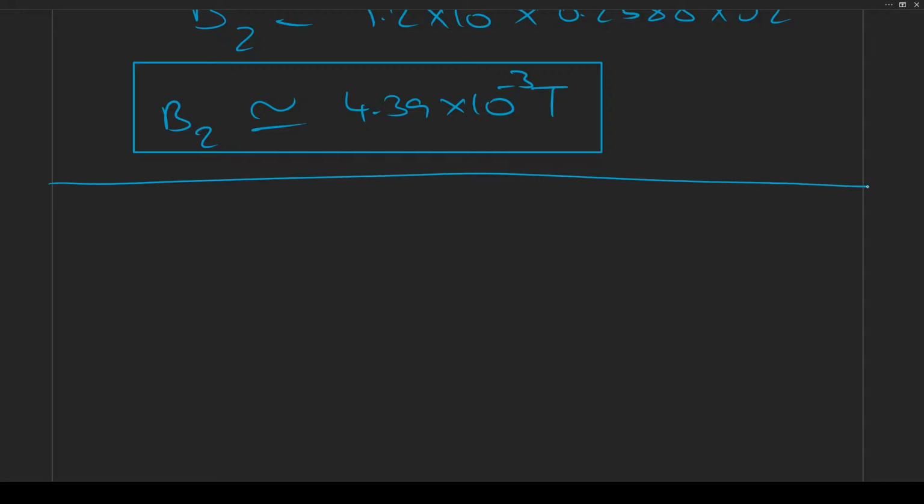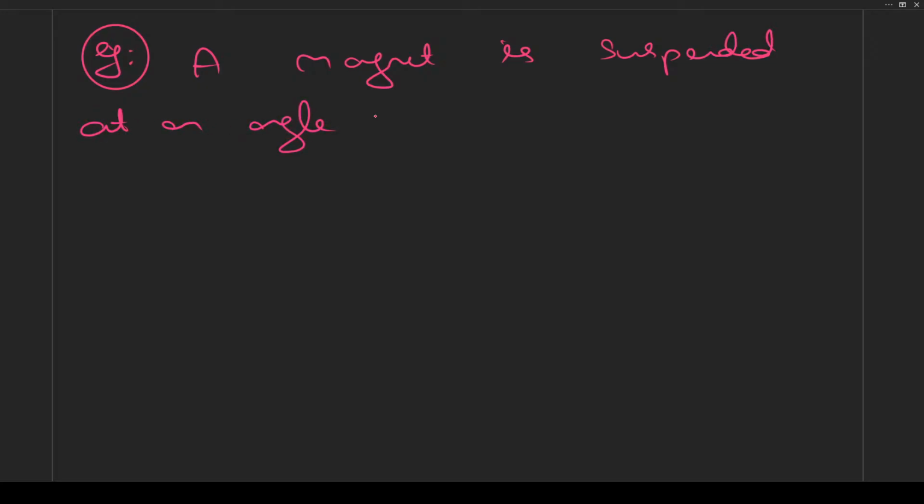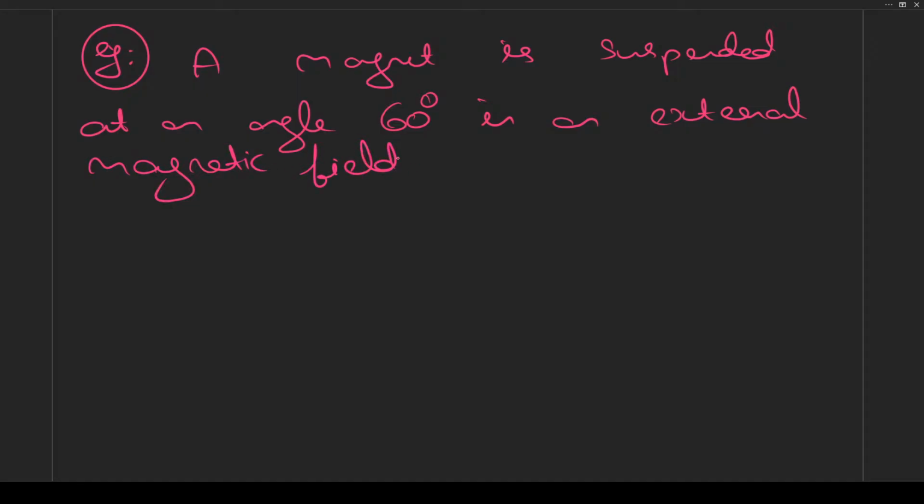Now let's go to the next question. A magnet is suspended at an angle of 60 degrees in an external magnetic field of 5 into 10 power minus 4 Tesla.